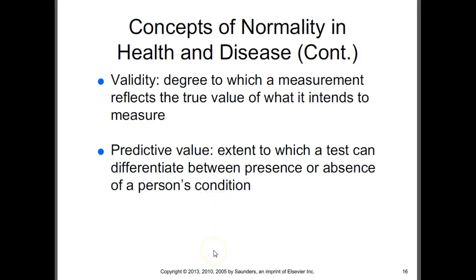Then we're also going to look at things like predictive values. So a test, okay, can it tell you the difference between a person who has the disease and a person who doesn't? And this is really something that you want to explore, because the ability of a test to tell you whether or not somebody has a disease is extremely important.